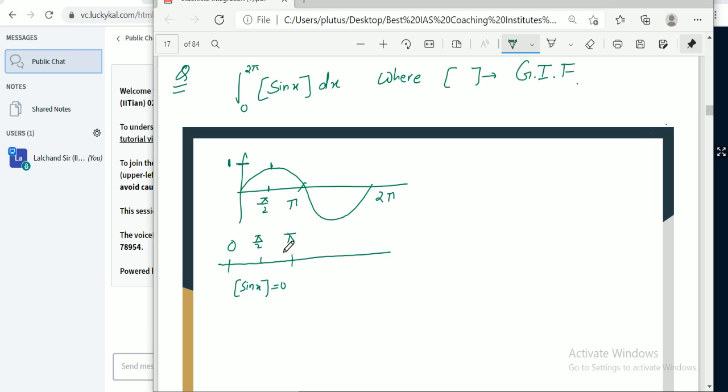So the answer there will be finally 0. If we consider up to 3 pi by 2 and 2 pi, here this is minus 1 and this value will be minus 1.